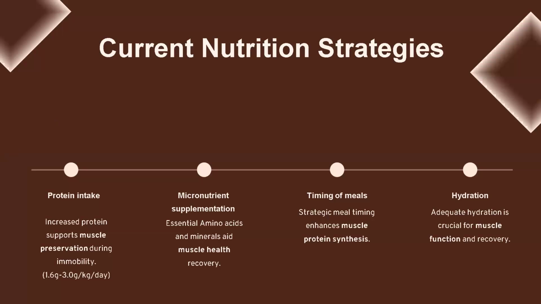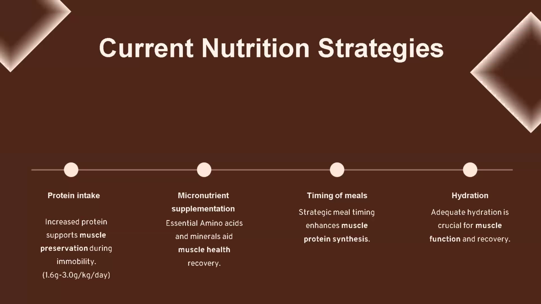And then on micronutrient supplementation, essential amino acids, with still an emphasis on leucine, preserves muscle mass during disuse and activates mTOR signaling in the mechanistic and animal studies that have been done.